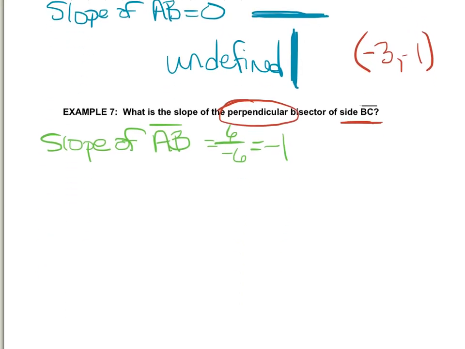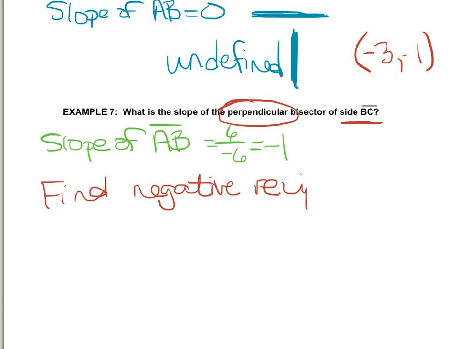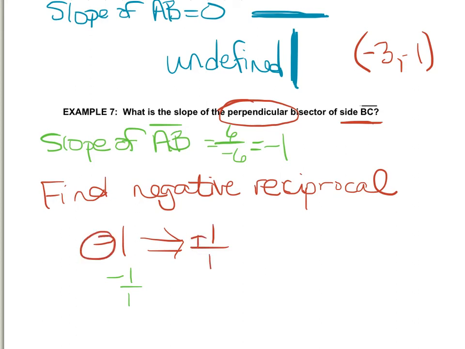So I need to find the negative reciprocal of negative 1. Negative 1 is really just negative 1 over 1. So flip that and you're going to get 1 over 1. This has a negative, so this is going to be positive. Positive 1 over 1 is just 1.